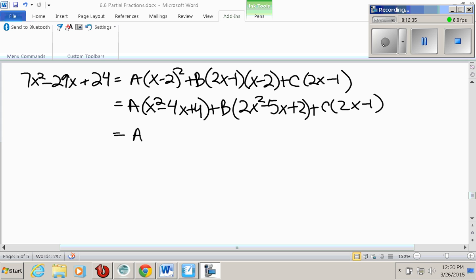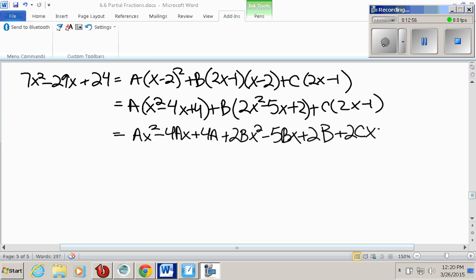And now I'm going to distribute those A, B's, and C's. All right, and now we would like to combine like terms. So there's an x squared, and here's an x squared.